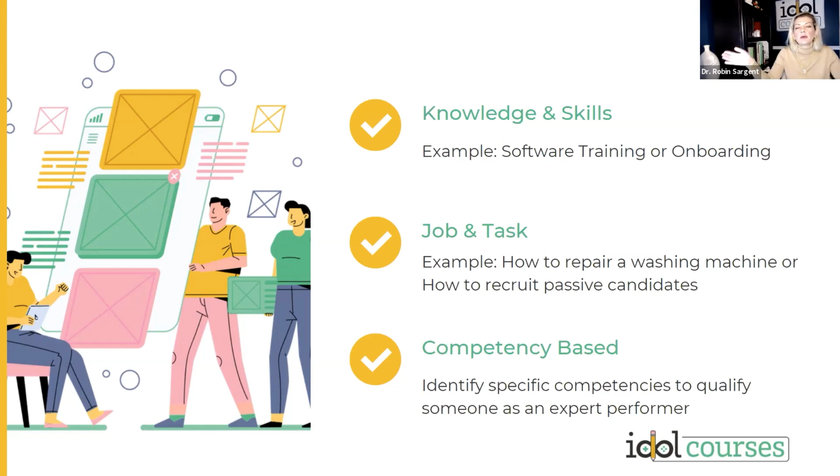These are the three common ones: knowledge and skills, job and task analysis, or competency based. You guys are probably going to live in the knowledge and skills or the job and task analysis, right? So knowledge and skills might be like software training or onboarding. Job and task might be specifically how to do their job. So how to repair a washing machine, or how to recruit passive candidates.